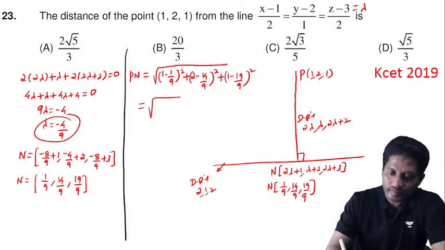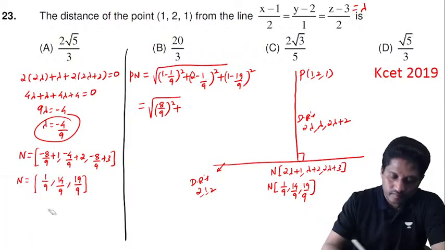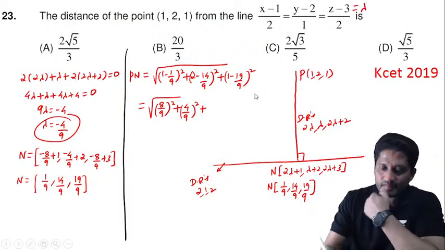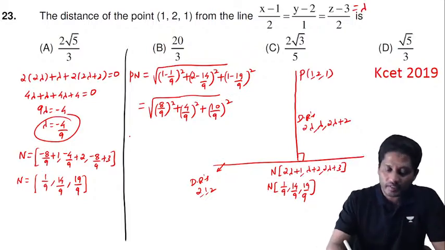So this is root of 8 by 9 plus this is 14, right? 9 twos are 18, so 4 by 9 the whole square. This is equal to 10 by 9 the whole square. You get minus, don't worry, anyway you square, you get plus.